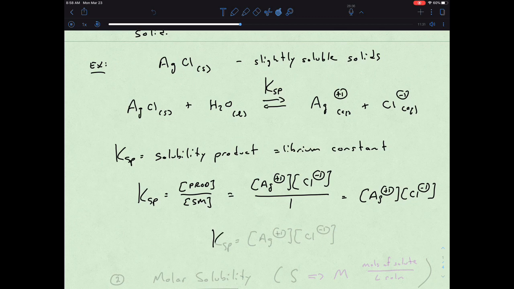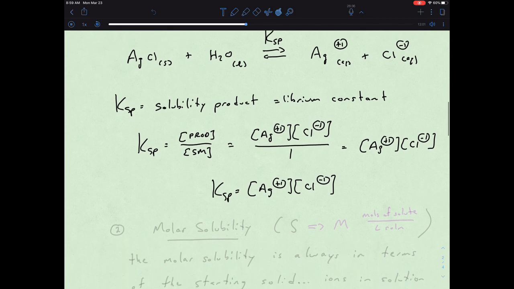So our Ksp for this type of process would just be looking at the ions that are in solution. Ksp basically dictates the saturation point in the solution, and we'll come back to that later with this idea of Q versus K.